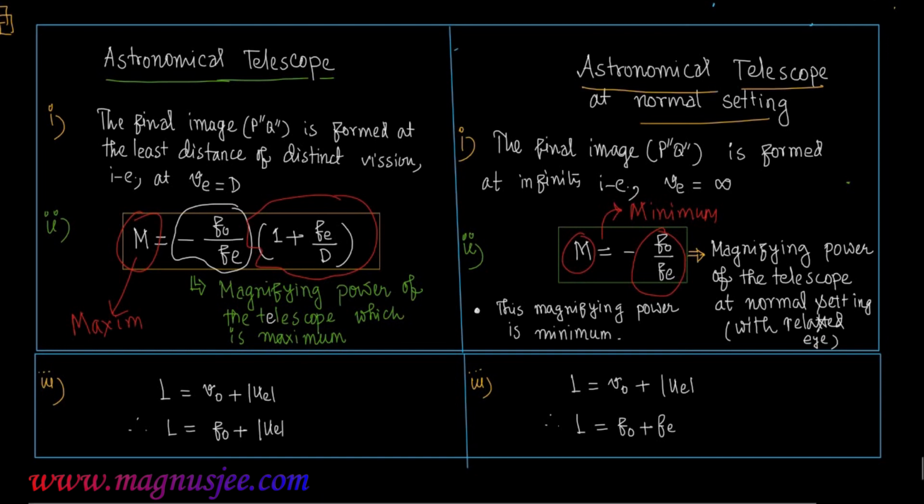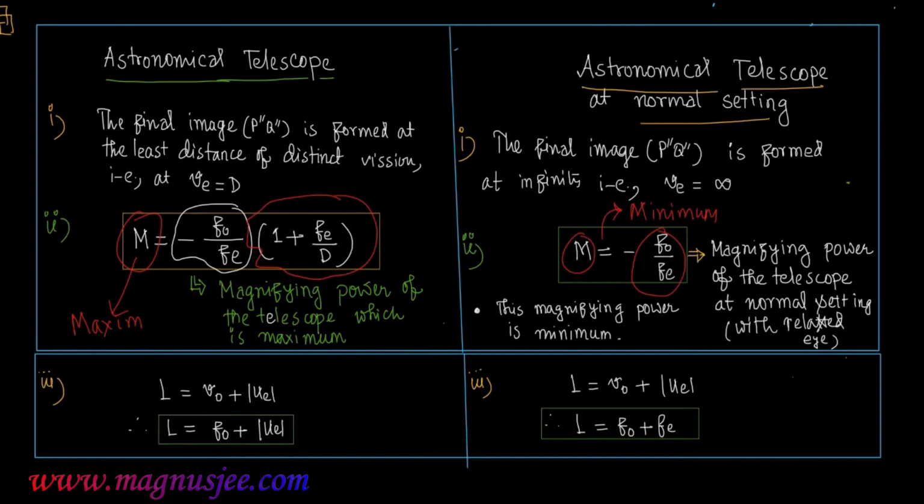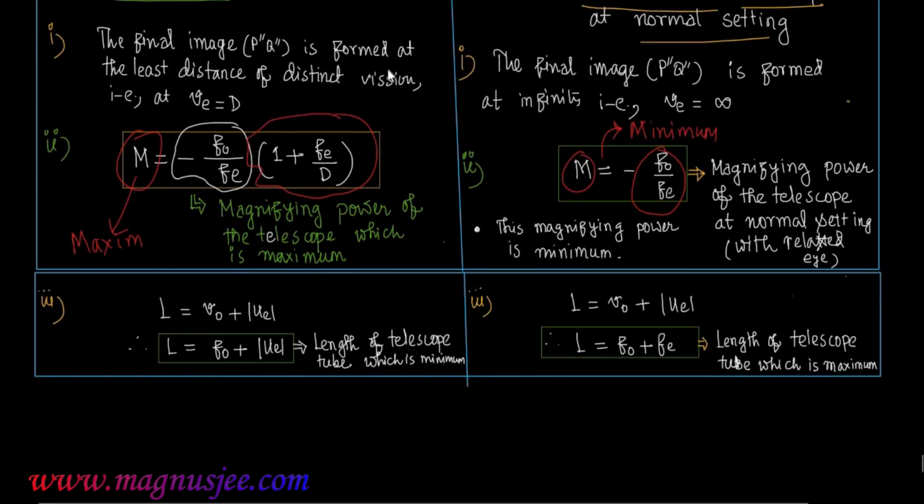On the left hand side, L is equal to FO plus mod UE, which is the length of the telescope, and that is the minimum length of the astronomical telescope.